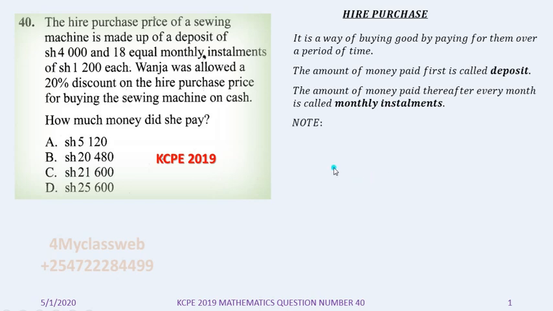Now, you need to note something here, that you may decide to buy an item on hire purchase. If you have all the money, you can buy the item on cash basis.